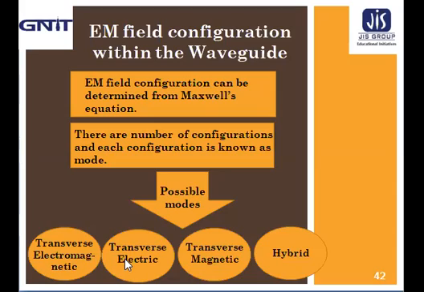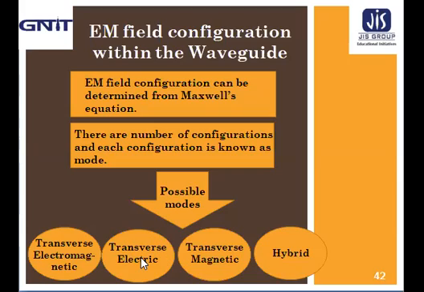Now the next one is the transverse electric, that is TE wave. Here only the electric field is purely transverse to the direction of propagation, and the magnetic field is not purely transverse.